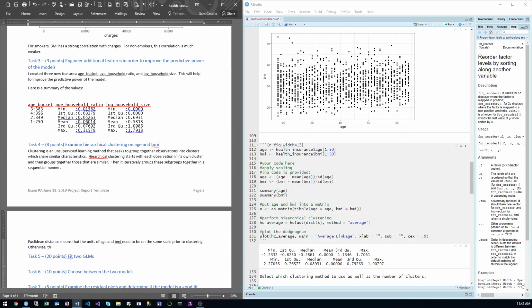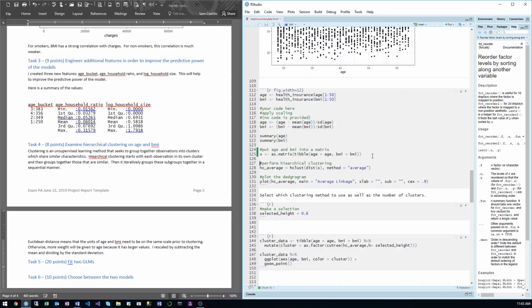Otherwise, more weight will be given to what was it? It was age, because it has larger values. I did this. I rescaled by subtracting the mean and dividing by the standard deviation.